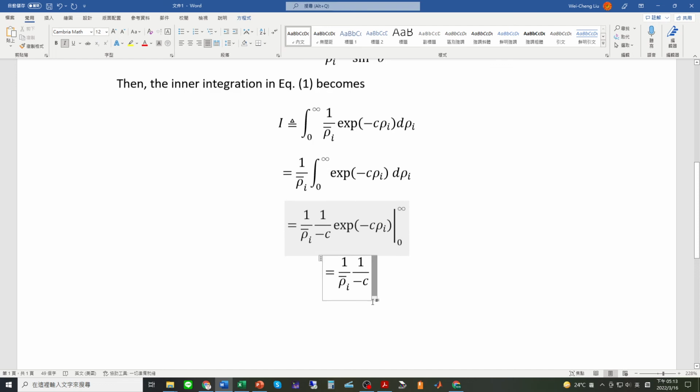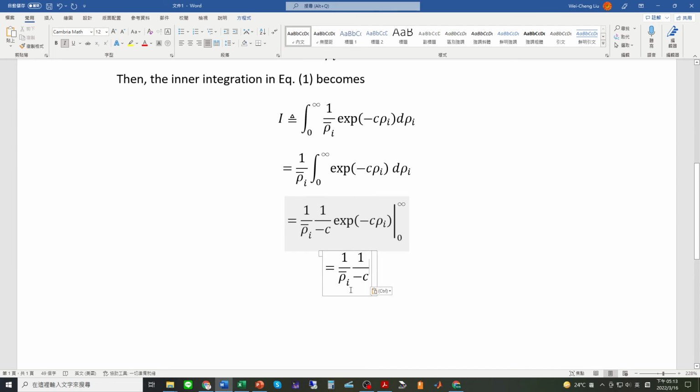So it is equal to 1 over rho bar I times 1 over minus C.